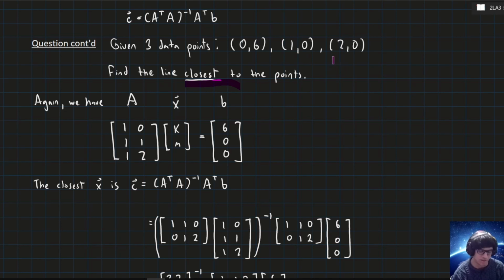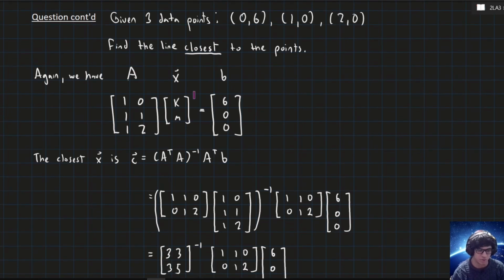And now we know how to solve for that. So again we have Ax equals b, and we're looking for the x, in other words, the k and the m, that's going to be the best fit for this.